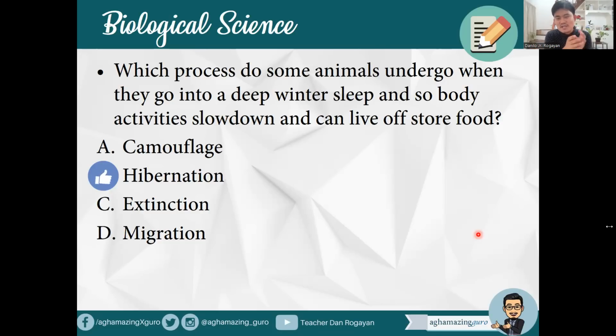Kunyari, nasa Castillejos siya. Pupunta siya, lalabas ng Castillejos. Pupunta siya sa ibang area. So that is, okay, emigration, di ba? Exit. So emigration lalabas. So from an organism leaving an area or abandoning an area is actually emigration.